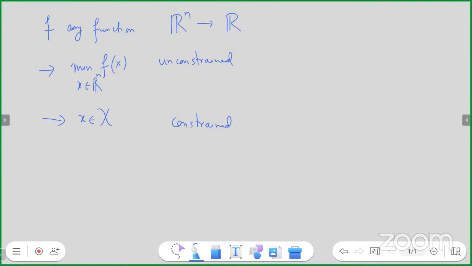Something will happen here which will not happen otherwise.